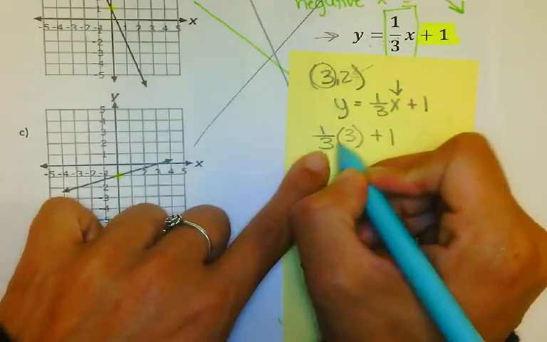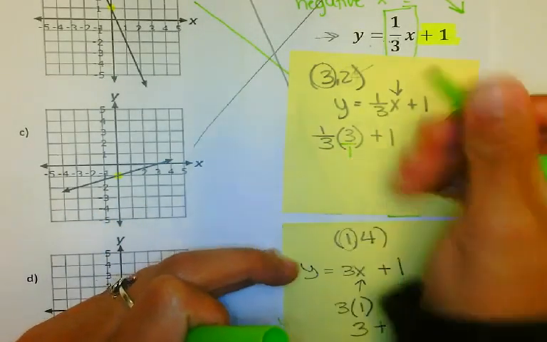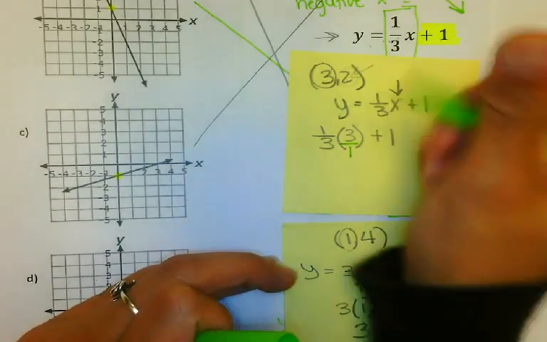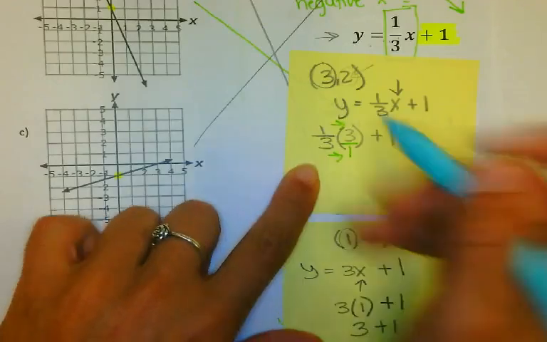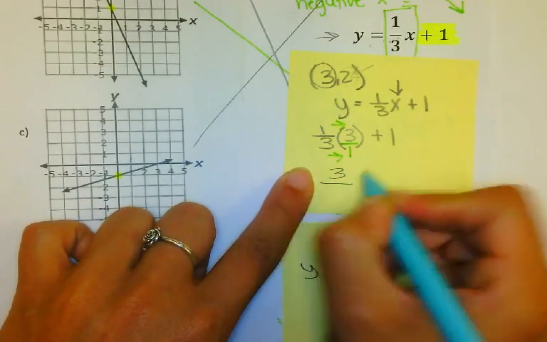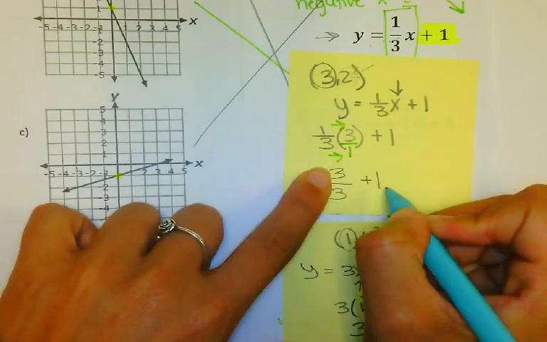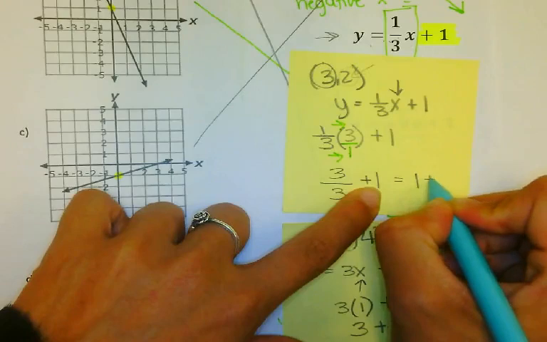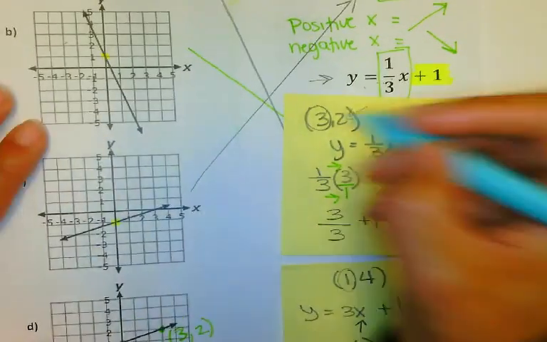Now, when we multiply by a whole number, put your whole number over 1, and then multiply across. 1 times 3 is 3. 3 times 1 is 3. Then we have this plus 1. Well, 3 divided by 3 is equal to 1. Plus 1 is equal to 2. Oh, look, that's my total.